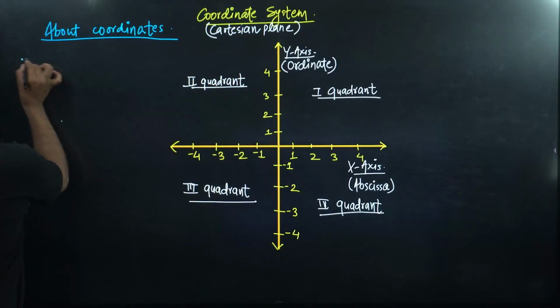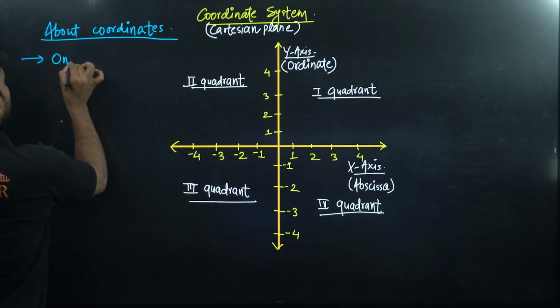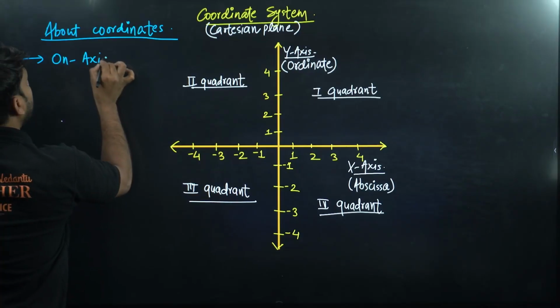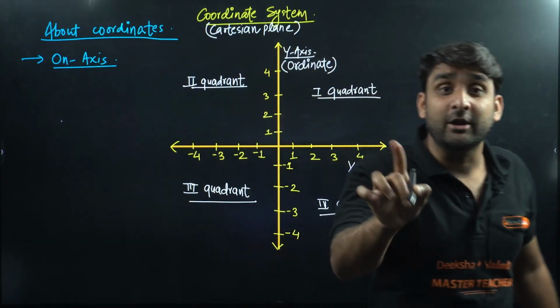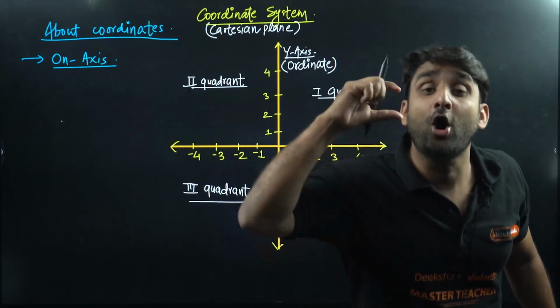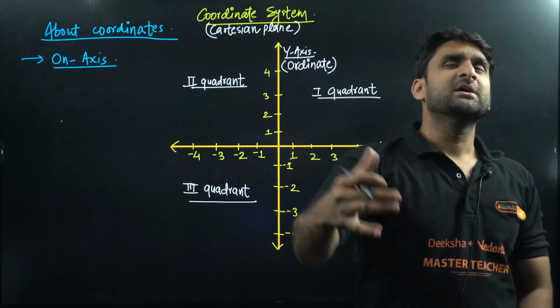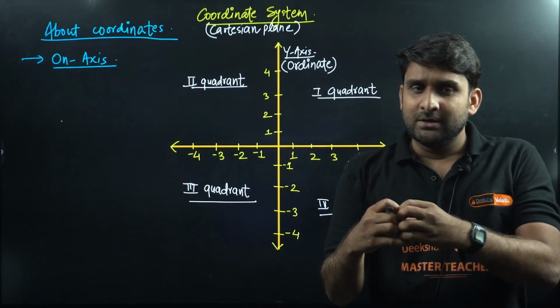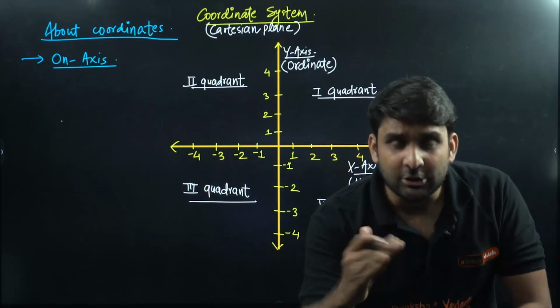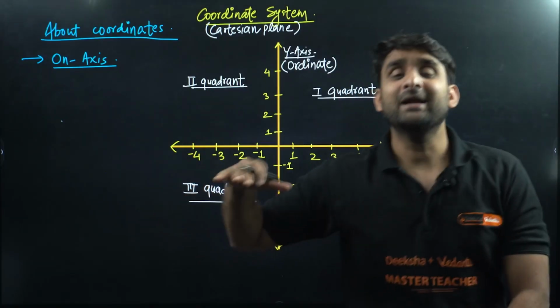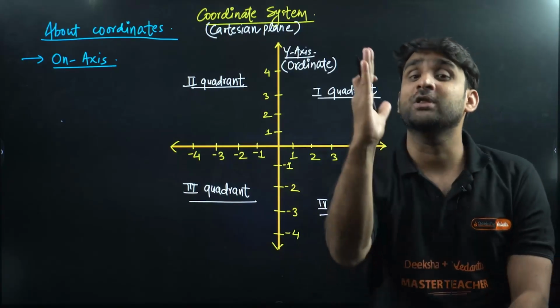If the questions have these terms, if any point is on the x-axis, I am not talking about any quadrant now. I am talking about being on the axis. Means there is a point R. Sometimes in the first situation R is on the x-axis, and in the second situation R is on the y-axis.